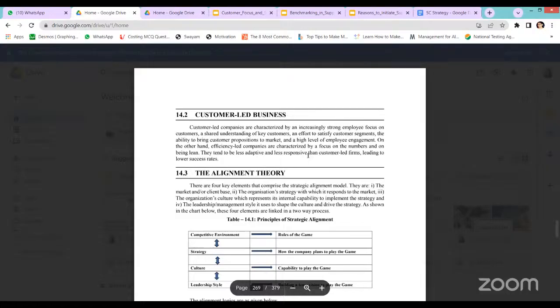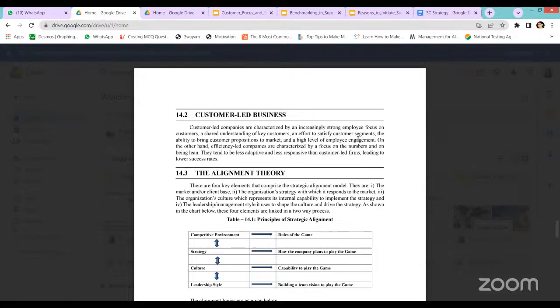The employee focus on customers increases, right? Strong employee training is involved in focusing on the customers, in understanding the key customers, satisfying the customer segments, improving their ability to bring customer propositions to the market, and high levels of employee engagement.